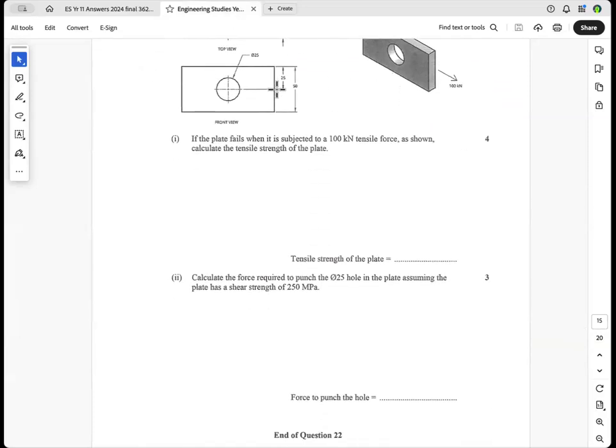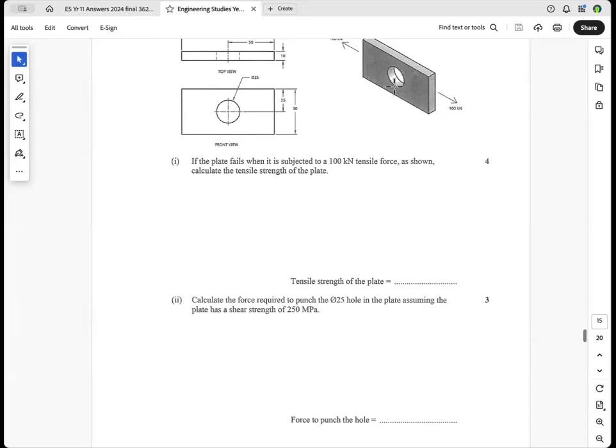Now calculate the force required to punch the 25 hole in the plate, assuming the plate has a shear strength of 250 megapascals. So punching that hole. Now the punch will punch around the circumference and then go through the thickness. So it's pi d multiplied by thickness. That's the shear area.